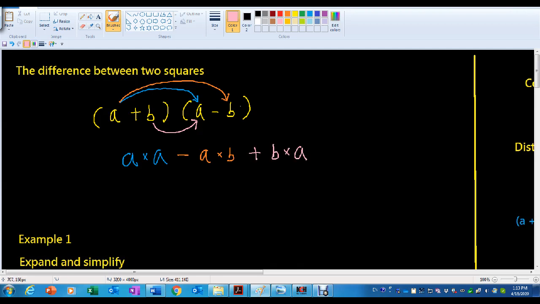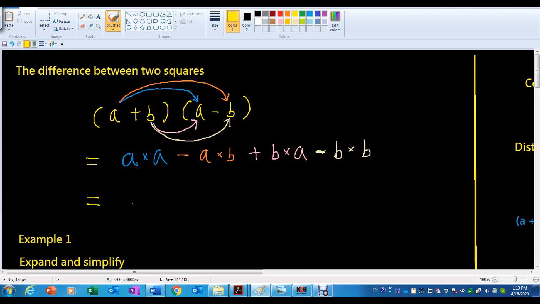The last one is L. L means last: the last term of the first bracket times the last term of the second bracket, so that's b times minus b. B is positive, minus b is negative, so positive times negative gives you negative b times b.